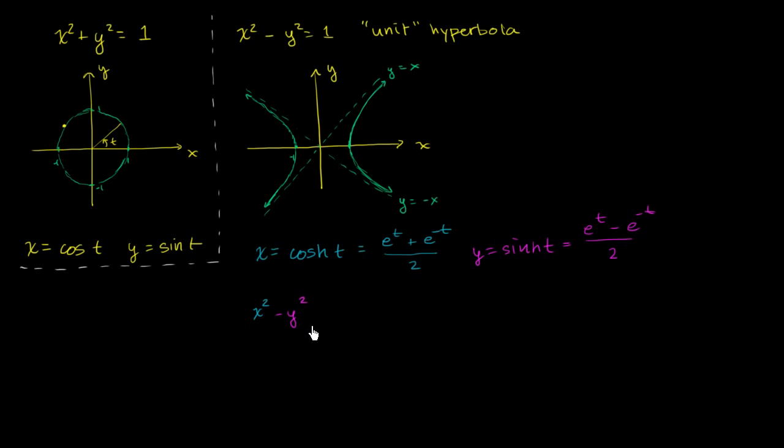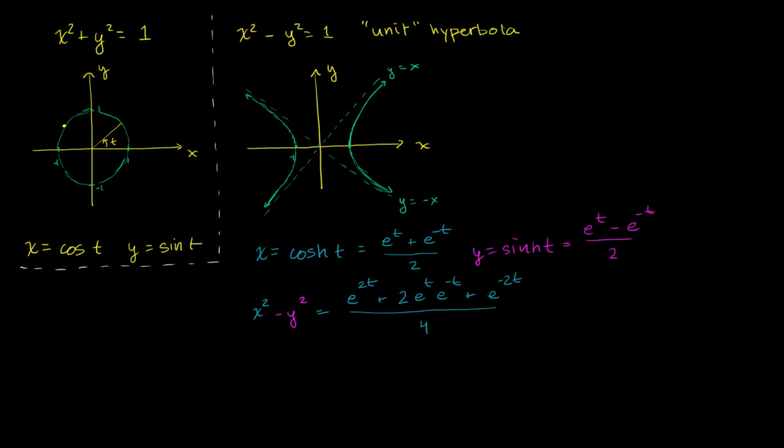is equal to, well, let's square this business. It's equal to e to the 2t plus 2 times the product of these two things, 2 times e to the t times e to the negative t. Well, this is just e to the 0 right over here, which is 1, plus e to the negative 2t, e to the negative t squared, all of that over 4.